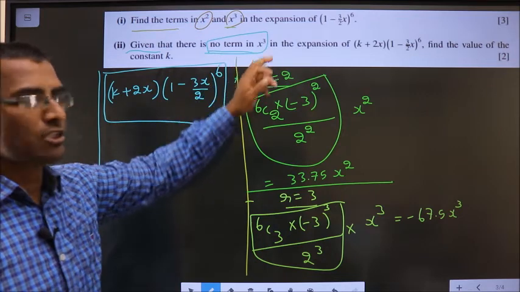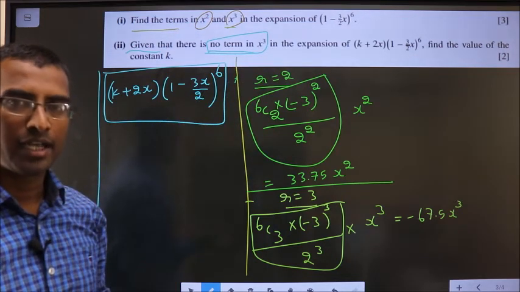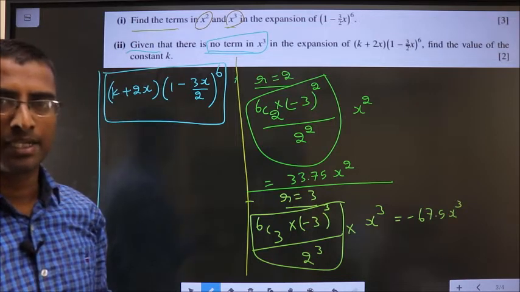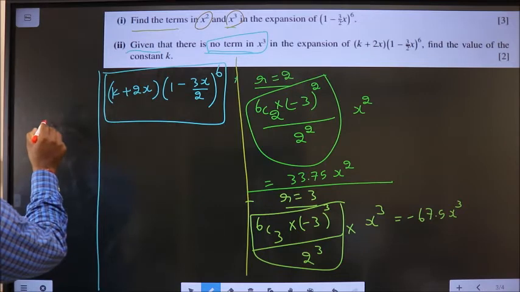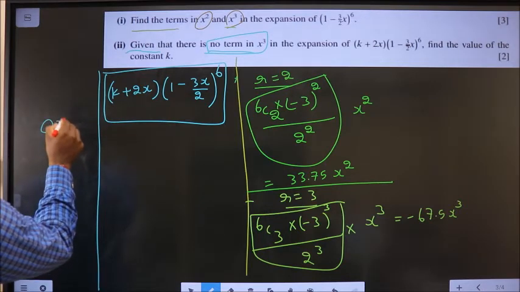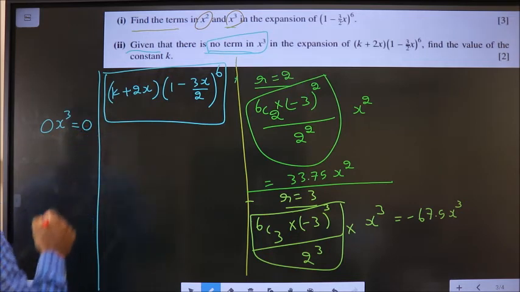No term in x cube means the x cube term should not be present. And how do we make sure that the x cube term does not exist? Only one way, that is if there is 0 before x cube, 0 times x cube is 0.